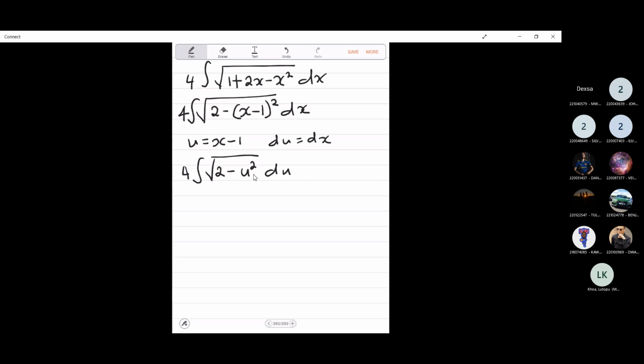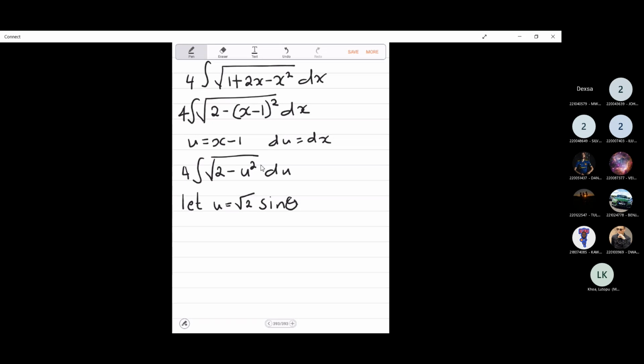So here I must use sine, because I'll have 1 minus sine squared, which is cos. Yeah, I must use sine. So here we then let u equal to the square root of 2 sine theta.